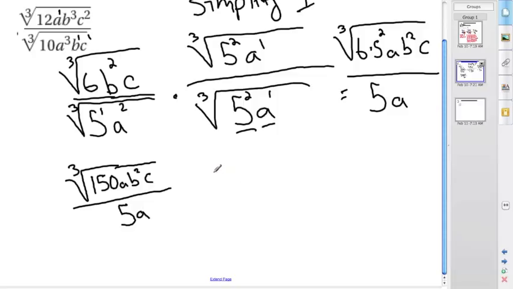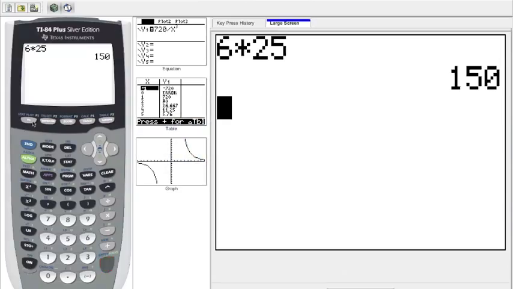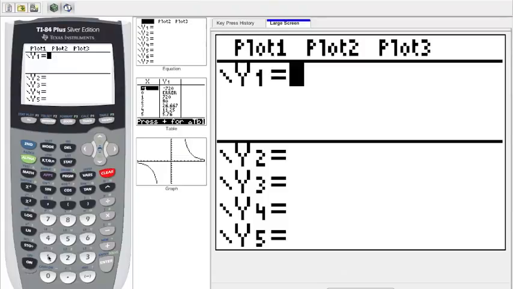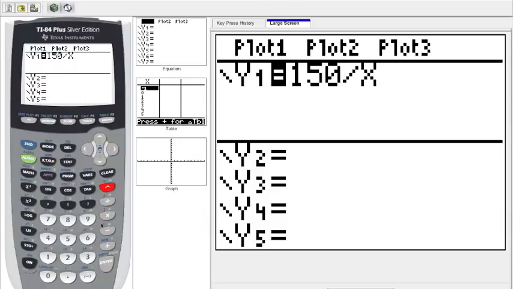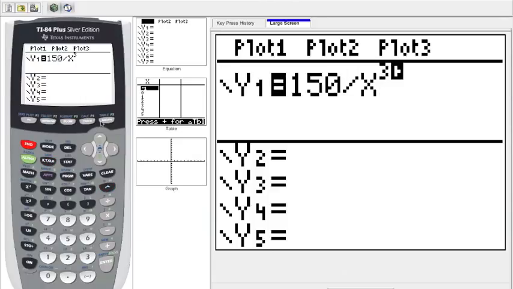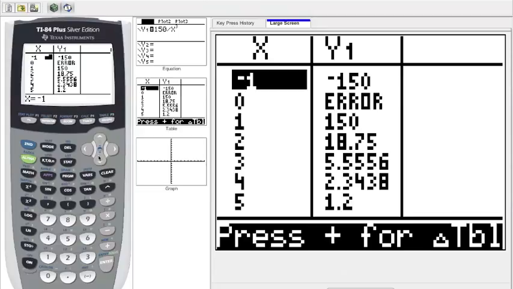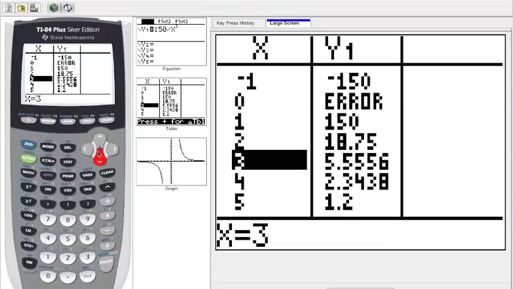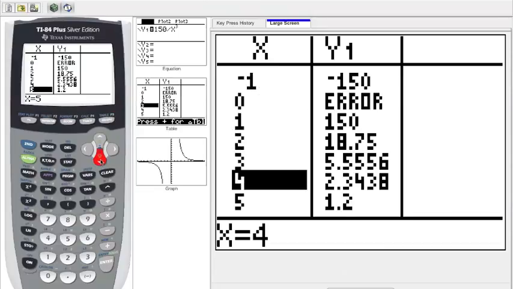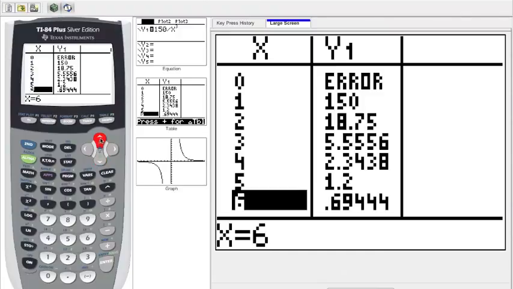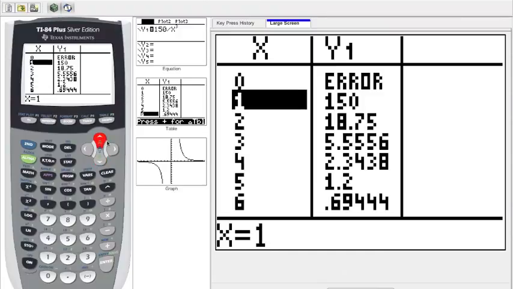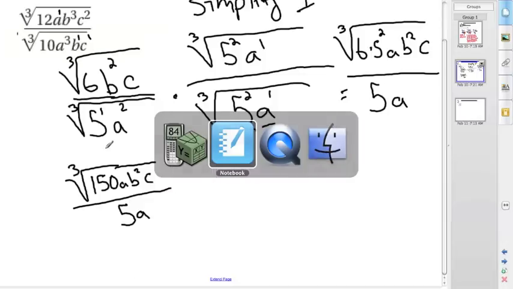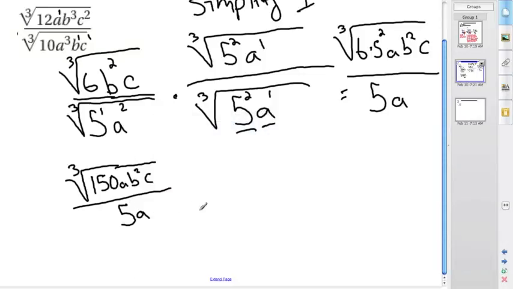What's the highest perfect cube that goes into 150? The highest perfect cube that goes into 150 is just 1. So there's our final answer.